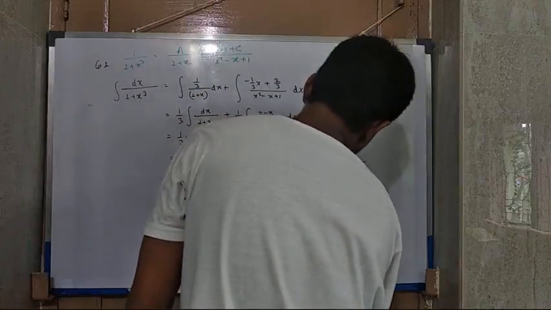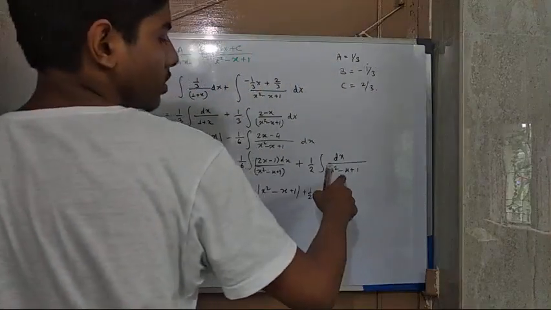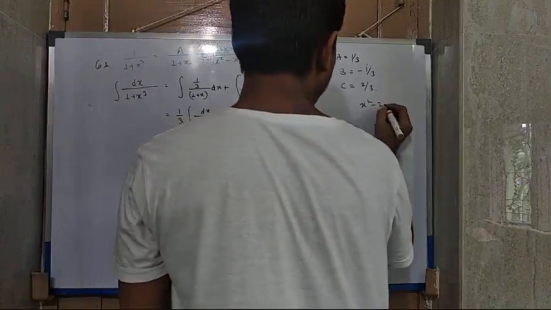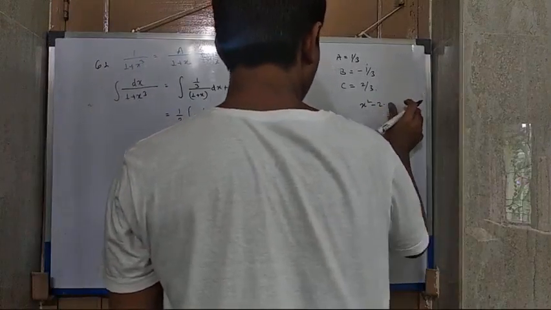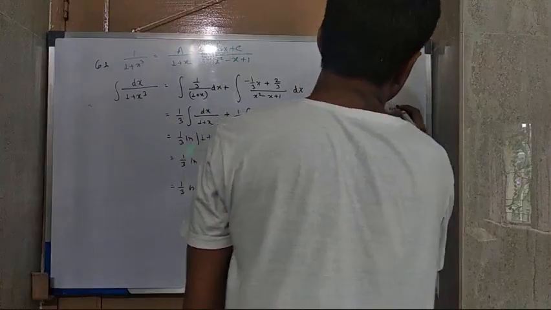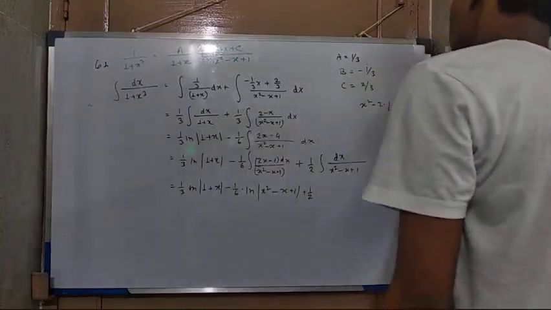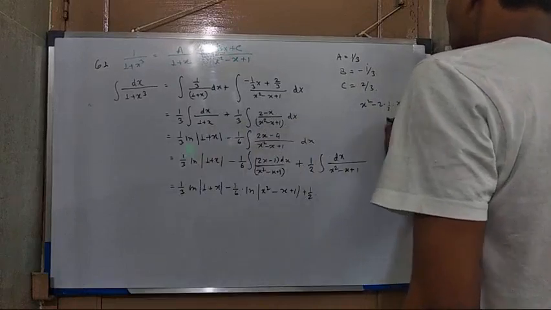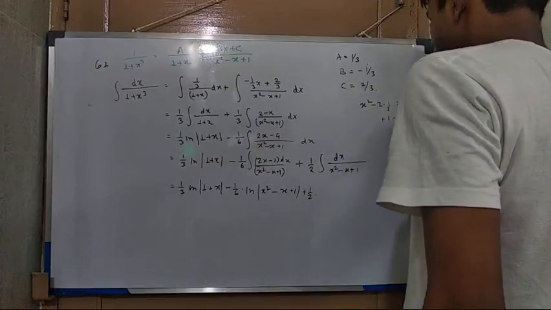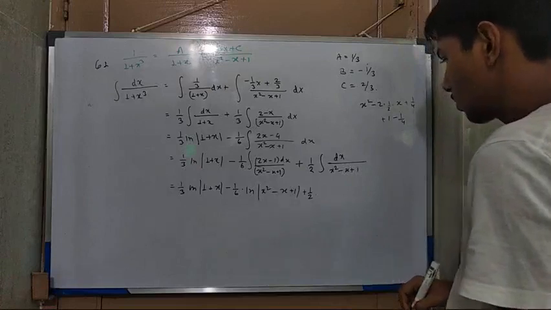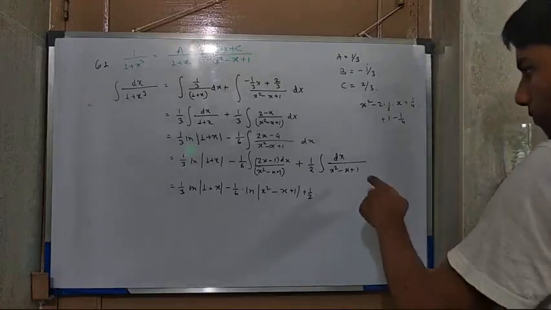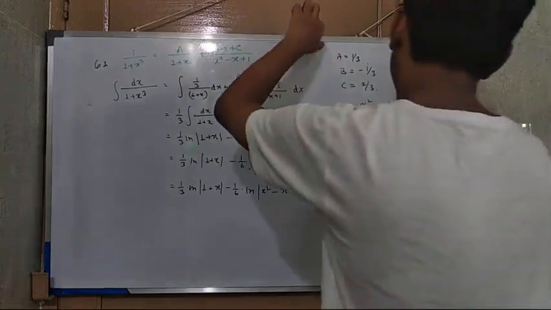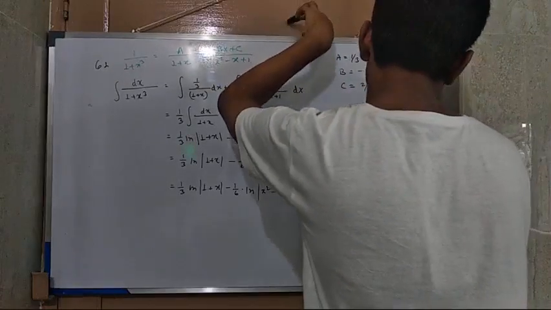Plus this will become half. x squared minus x plus 1 will be x squared minus 2 times half times x plus 1/4, plus 1 minus 1/4. So this is 3/4.